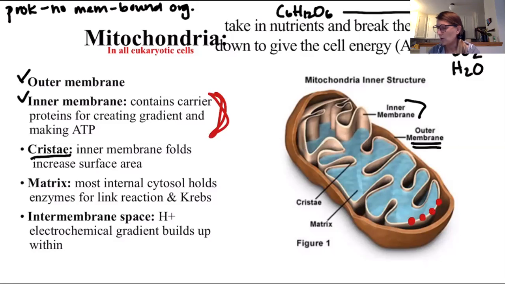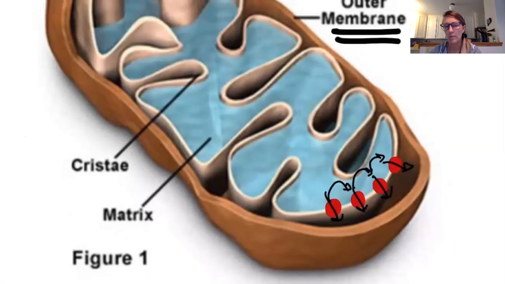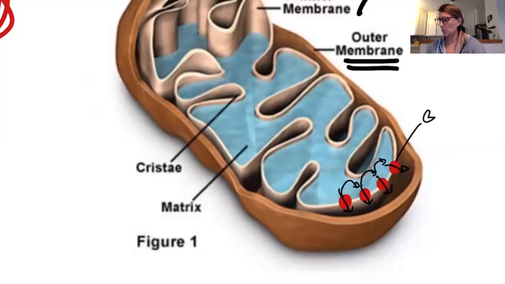There are enzymes on that inner membrane, and those are going to be very important for creating gradients and for moving things along. So those membrane proteins are on the inner membrane, and they're enzymes that are really important in moving things along and for creating the proton gradient that I told you about.